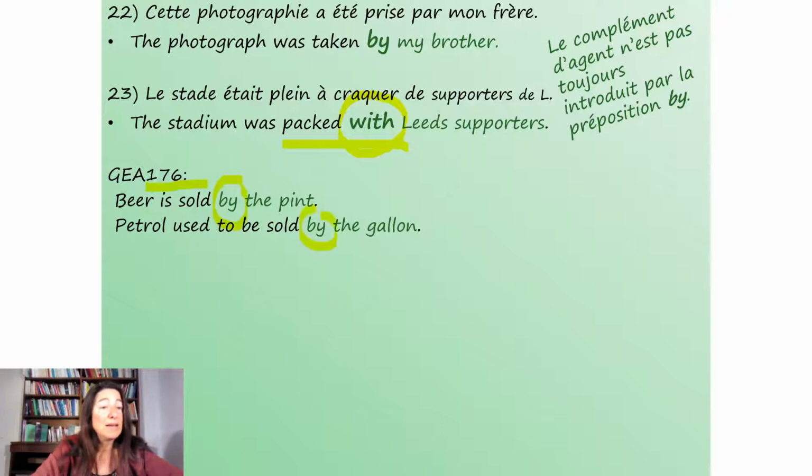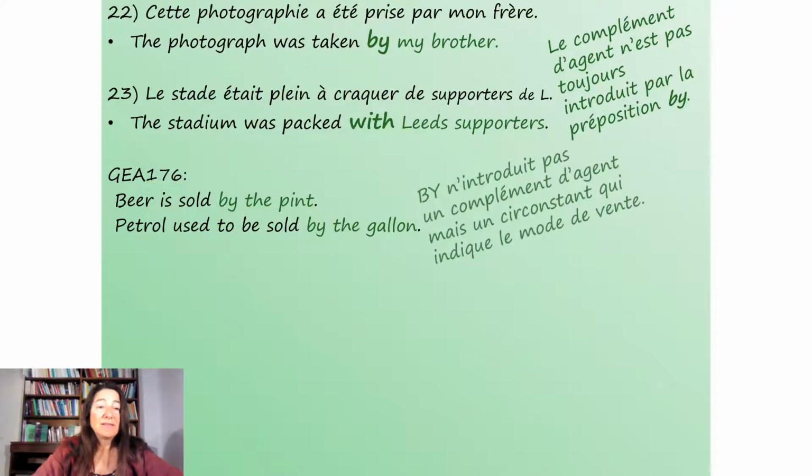So when I say beer is sold by the pint and petrol used to be sold by the gallon, is that the same by as the one that we had here to introduce the agent? Not at all. This is just an adverbial phrase that is introduced here. So just some specificity that we're mentioning, but it is not at all the agent.